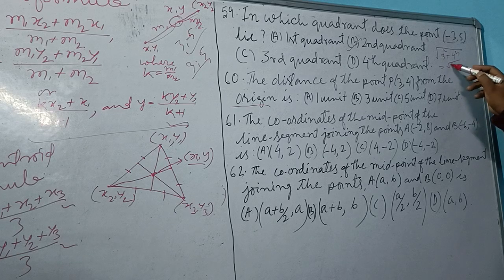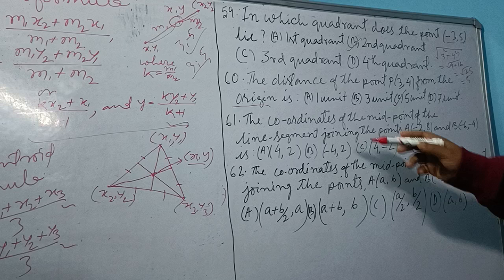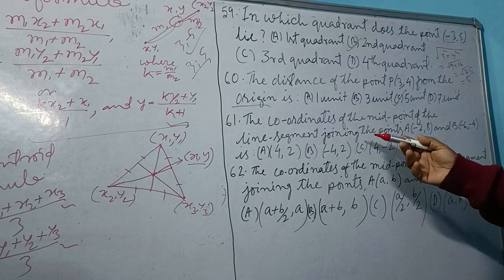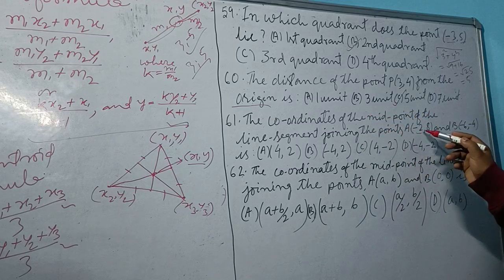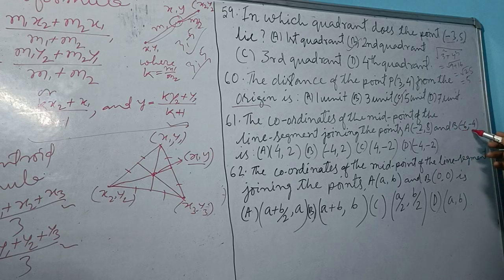Clear? 3 square is 9 plus 4 square 16, that is 25, and the square root of 25 you know is 5. So that 5 units would be the distance of the point from the origin. So where do we get 5? Option number C.